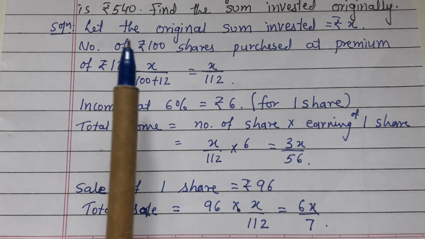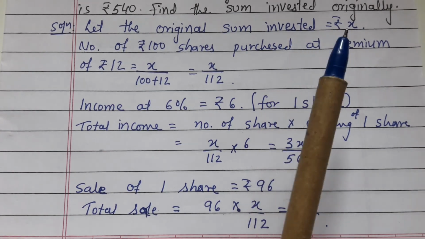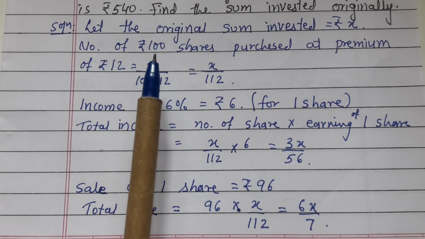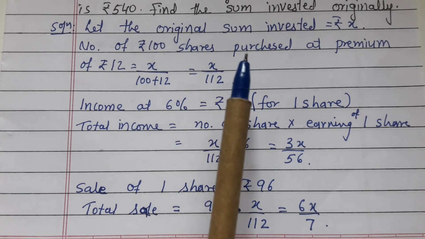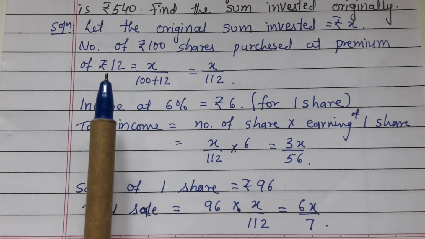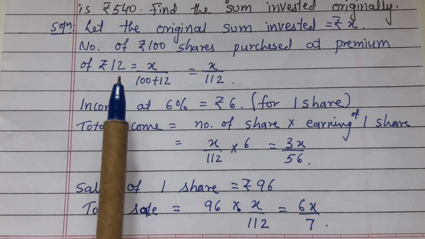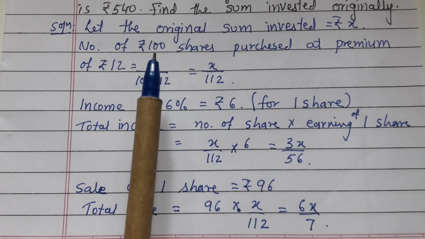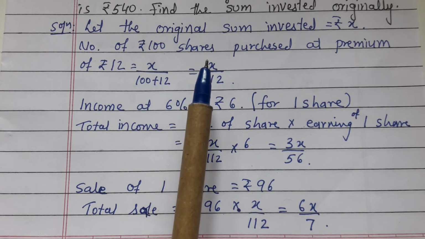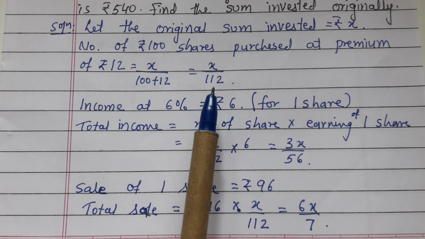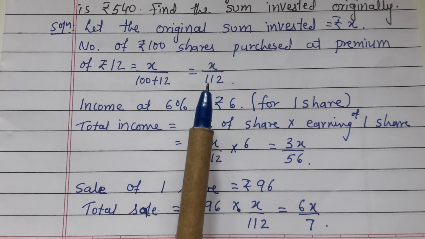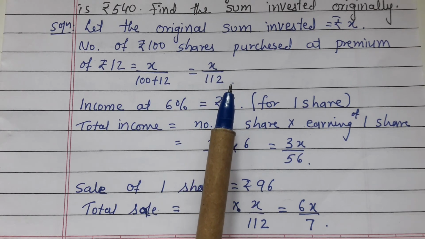So let the original sum invested be rupees x. Number of rupees 100 shares purchased at a premium of rupees 12 means MV of one share is 112. Therefore number of shares bought is equal to sum invested upon market value of one share, that is x upon 112.